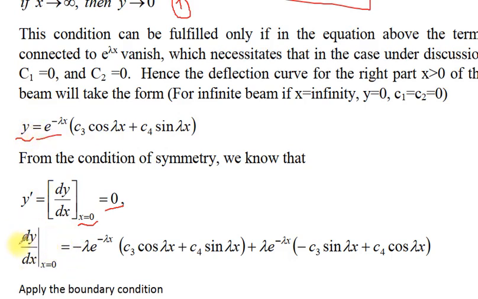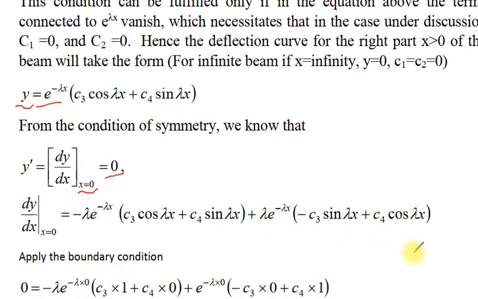Here the derivative will be minus lambda e to the minus lambda x times c3 cosine lambda x plus c4 sine lambda x, plus lambda e to the minus lambda x times minus c3 sine lambda x plus c4 cosine lambda x.